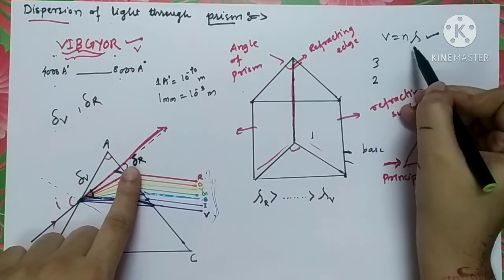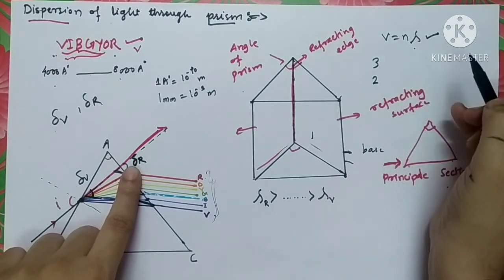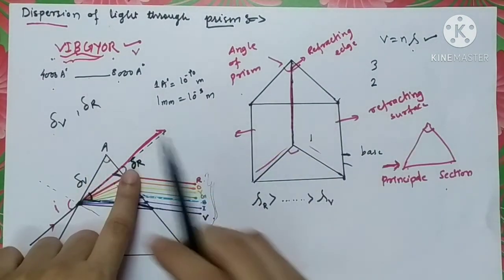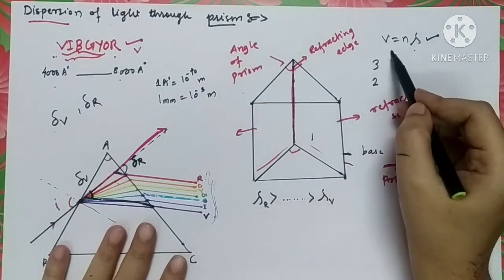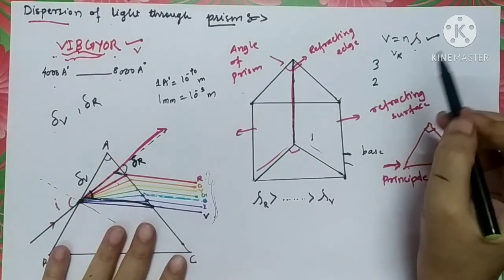Greater the wavelength, greater is the velocity of that color. So red color has the maximum wavelength, so the velocity of red color will also be maximum.